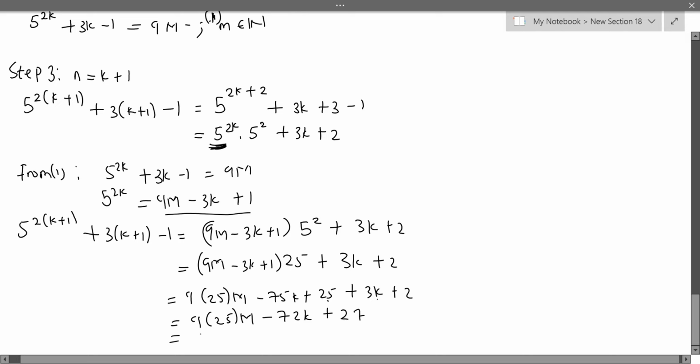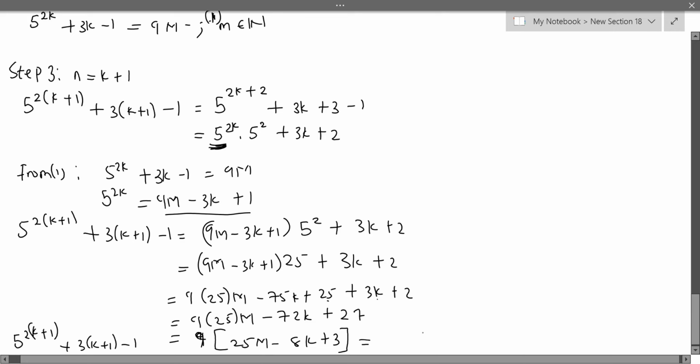So I think you are able to factorize 9 from here. If you bring out 9, you get 25m minus 8k plus 3. So you can see that the whole of this, that is 5 raised to the power of 2 into k plus 1, plus 3 into k plus 1, minus 1, can be represented as a product of 9 times a number.